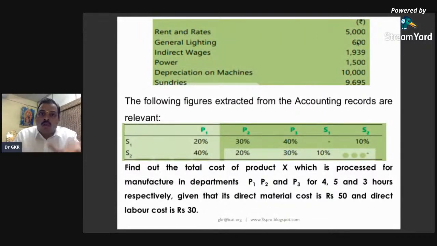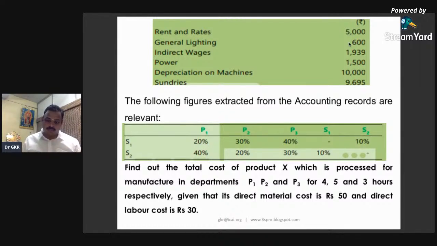Like these are all overheads: rent and rates, general lighting, indirect wages, then power, 1,500, and depreciation, which is 10,000. Sundries 9,695. Now these are the figures extracted from accounting records that are relevant. Find out the total cost.